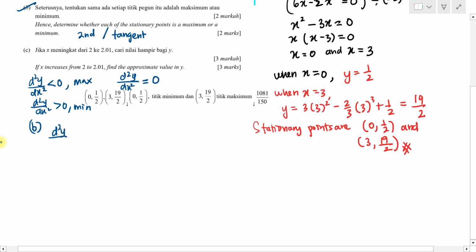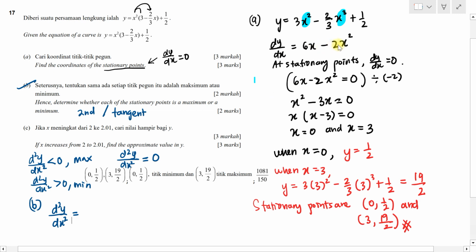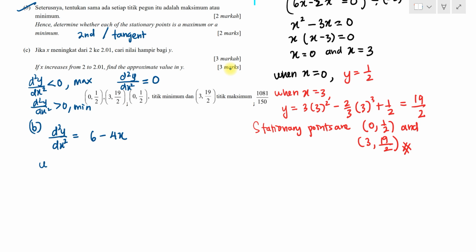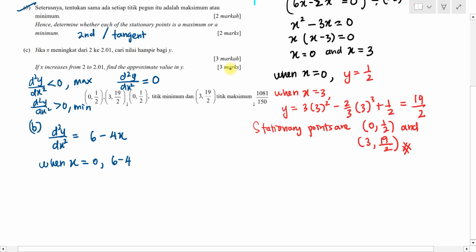So d2y/dx square is equal to, take the first order, 6x minus 2x square. So you differentiate, this is your first order differentiation. Second order, 6 minus 4x only. Okay, now we try to substitute. When x equals to 0, what will happen?